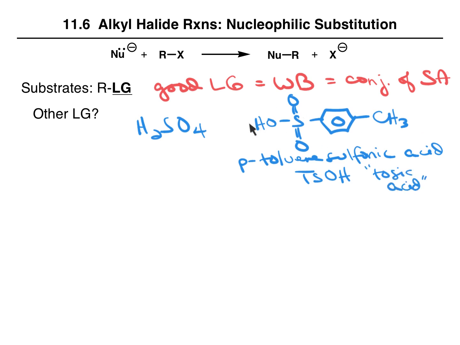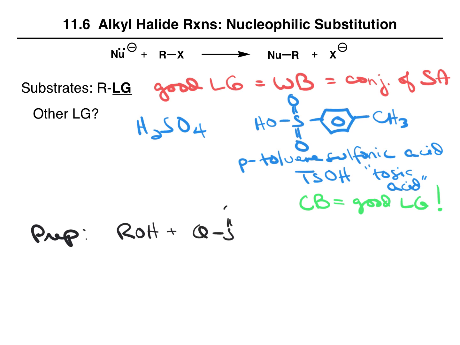Now, this is an even stronger acid than sulfuric acid, so that means that its conjugate base is going to be a really good leaving group. So we can prepare a tosylate as a leaving group by reacting an alcohol with tosyl chloride, which looks like this.